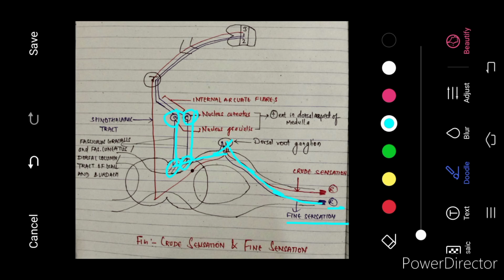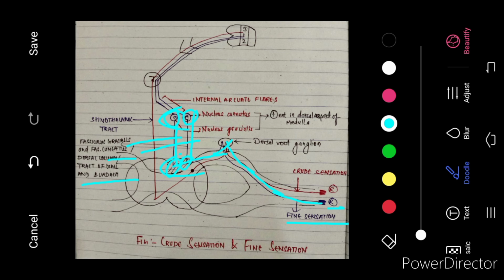Now the tract which takes the fibers from the corresponding posterior white column of the spinal cord to the respective nucleus is known as fasciculus gracilis and fasciculus cuneatus respectively, or dorsal column, or tract of Goll and Burdach.